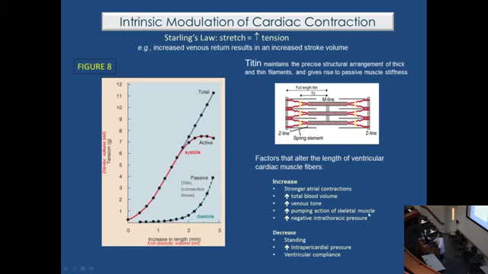For instance, this occurs when you are exercising, and this will increase the venous return. The opposite could happen when you are standing. In a standing position, you have a decrease in the length of the muscle because of a decrease in venous return. So these are some factors that could affect the length-tension relationship.